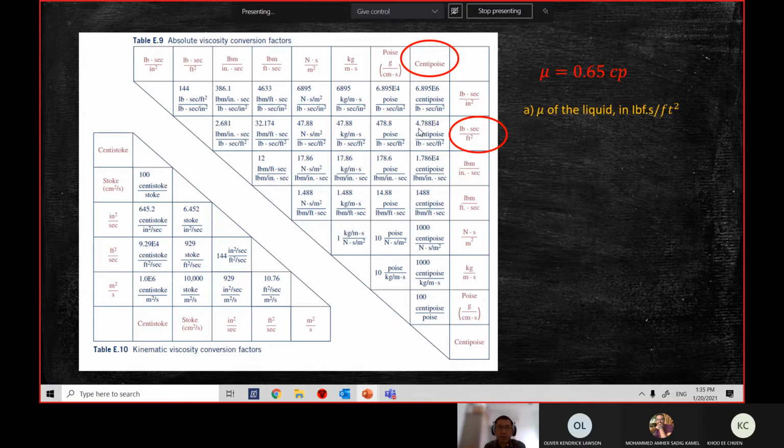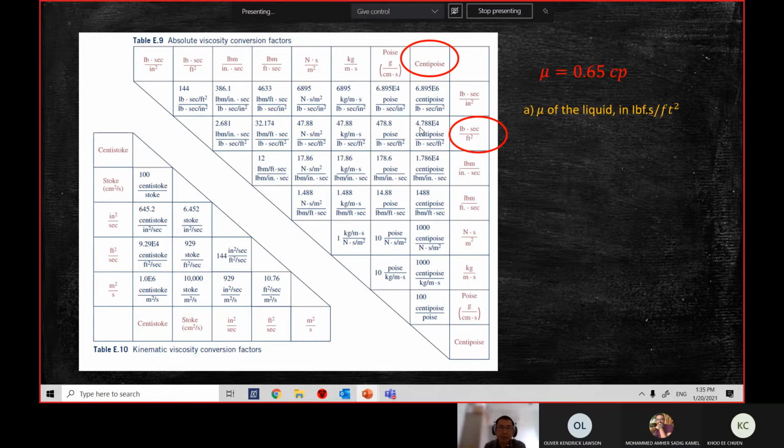You will see it's equal to 4.788 E4 centipoise over pound second over feet. In all the handbooks or appendices, when you see E4, E4 means 10 power 4. The capital E means power.